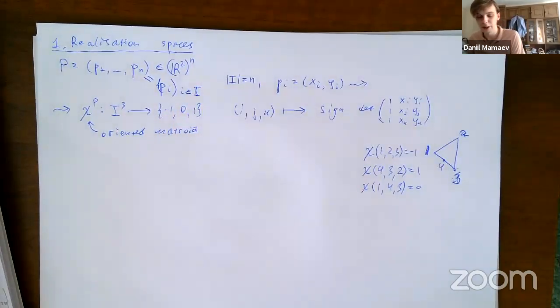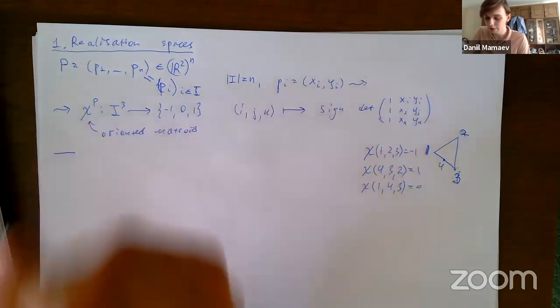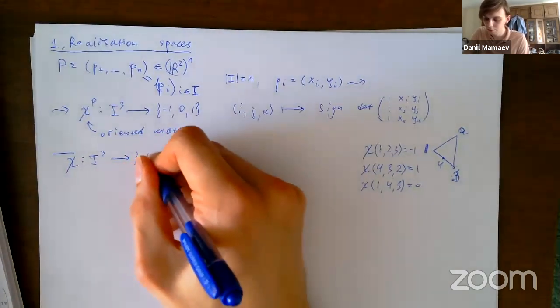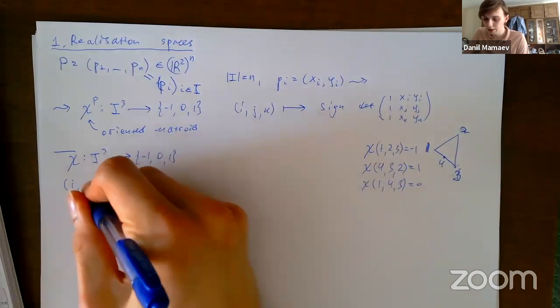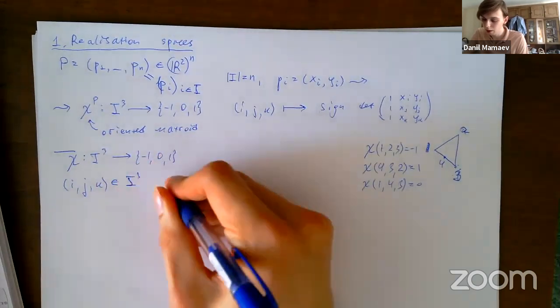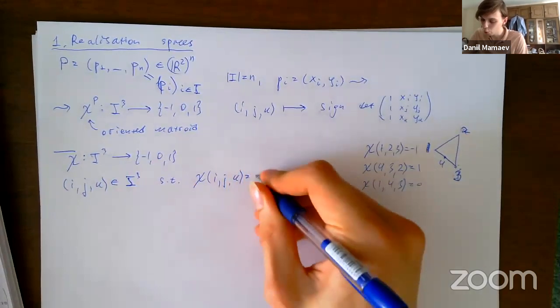Well, there is an abstract definition of an oriented matroid, but basically all our matroids will be realizable, so they will be like this. So we don't need an abstract definition. Suppose now we have some map chi, and we choose three indices i, j, k such that chi of ijk is equal to 1.